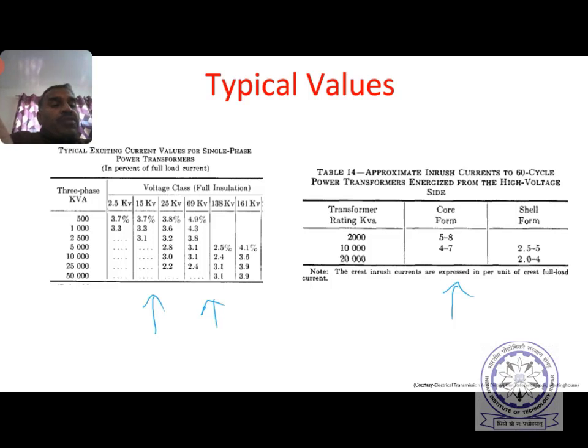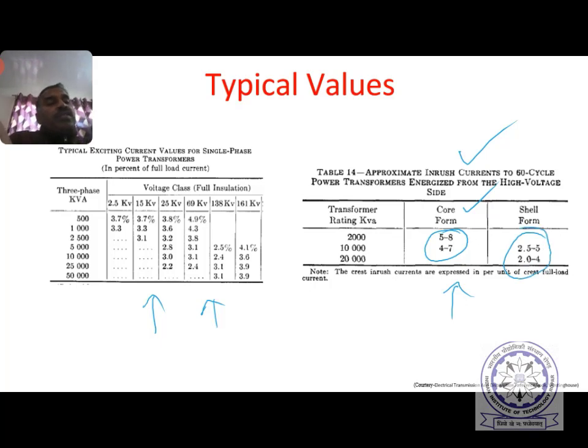Now, if you see the inrush current, this table gives the inrush current. The inrush current can be seen to be around 5 to 8 times or 4 to 7 times in the core form of the transformer, and in the shell form of the transformer it is 2 to 4 or 2.5 to 5.